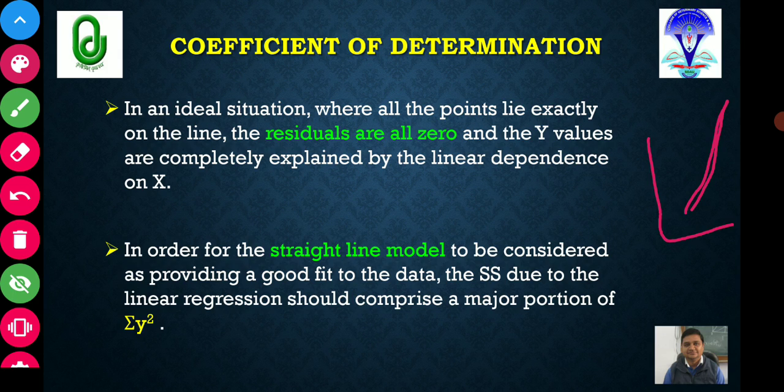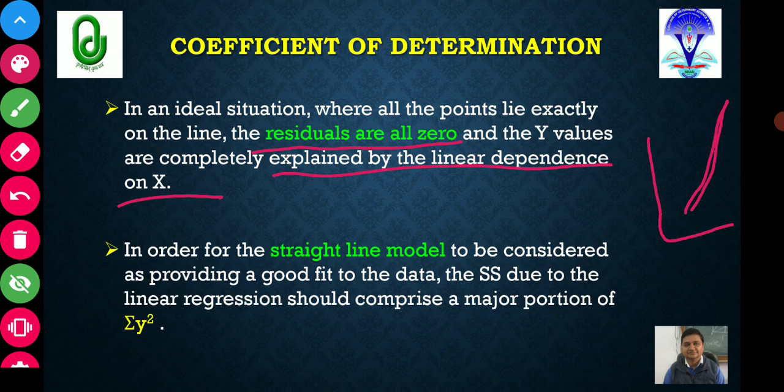That means the variation present in the dependent variable is getting explained fully by the independent variable. So there is no error. That means you are able to explain 100% of the variation, and the y values are completely explained by linear dependence on x. In that case there is no error.